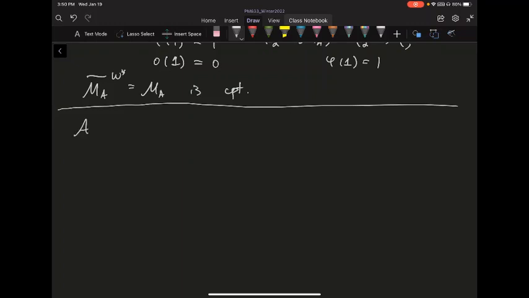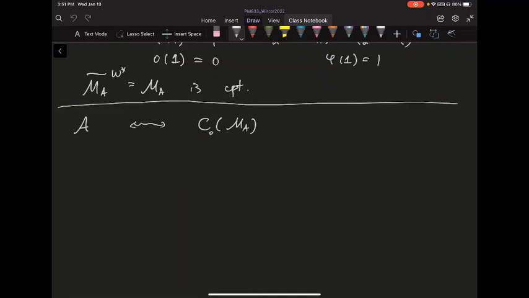So this A is kind of related to the continuous functions on this MA, or sometimes you see C0 functions. So often this A is going to be related to those functions, and how do you relate them is by this very nice transformation called the Gelfand transform.